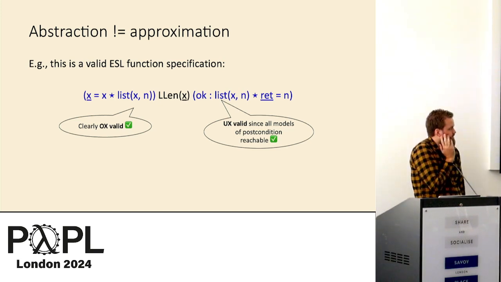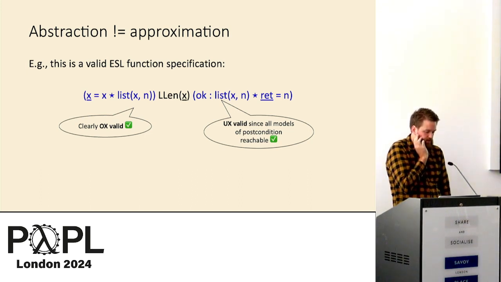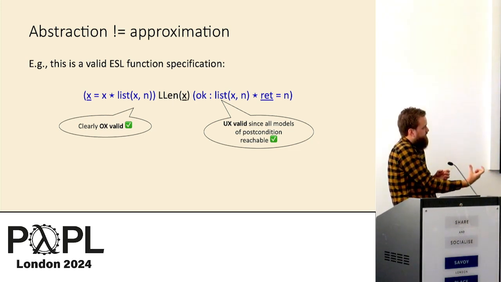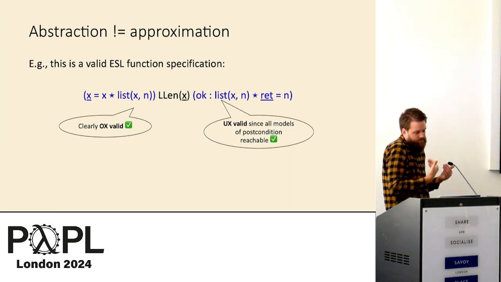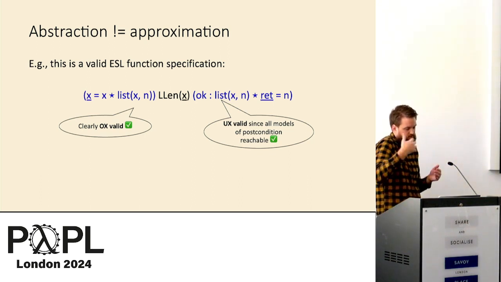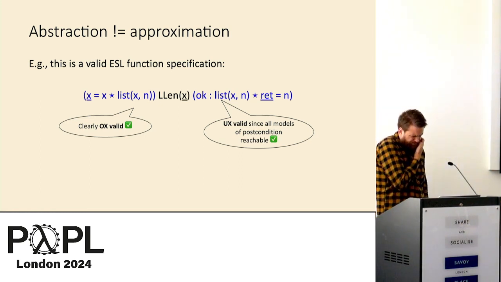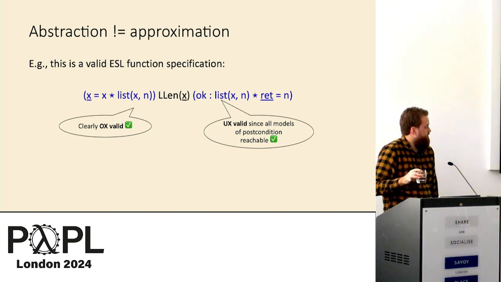And here it's quite easy to see that all of these states will be reachable, because if you take a model of the post, we will get some list, and the return will be the exact length of the list. And to reach this, we simply use this model of the post as our model of the pre, and then we get there. So in this case, it's quite easy to say that all of these are reachable.